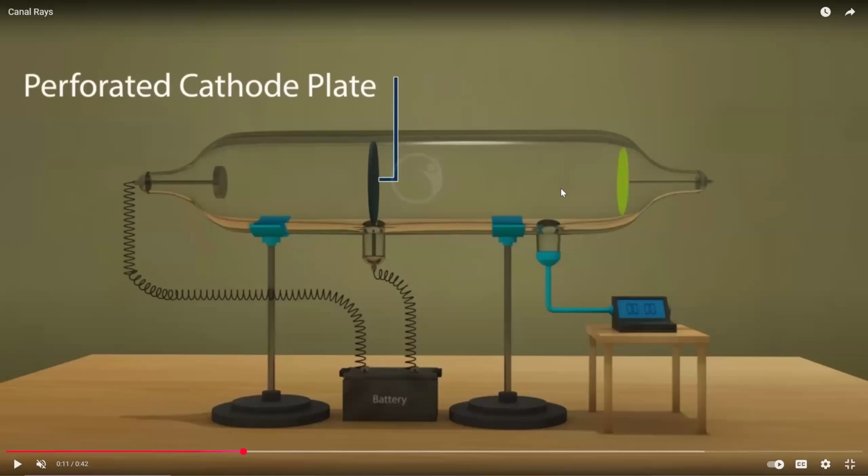Here it is the battery, and this one is the perforated cathode. Perforated means that it has holes inside it.